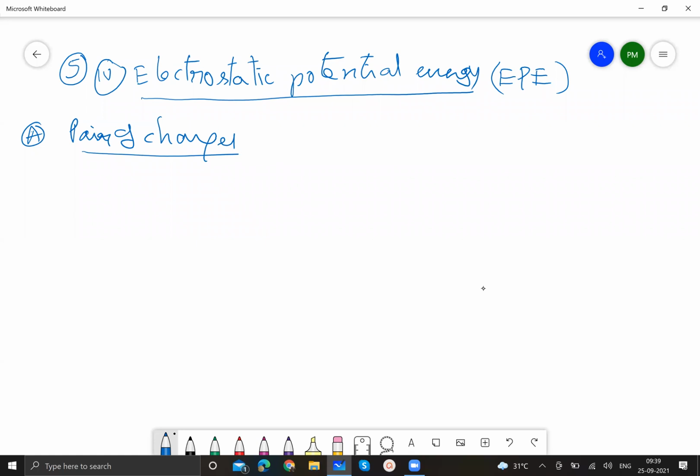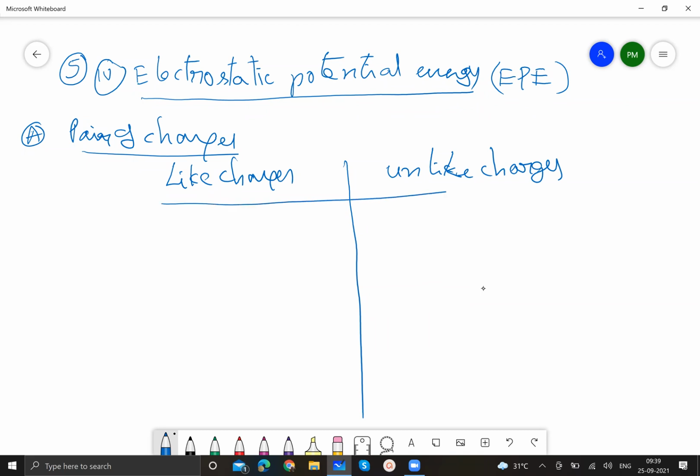In this again we have two options: like charges and unlike charges.